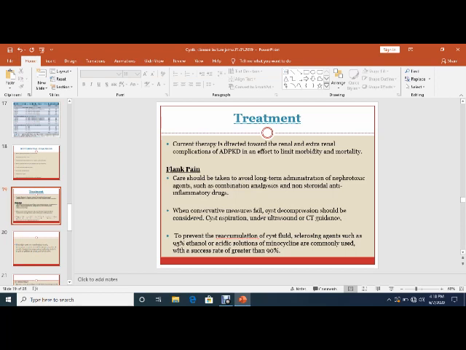So we should give reassurance first, because this is a benign disease. It has a prolonged course.